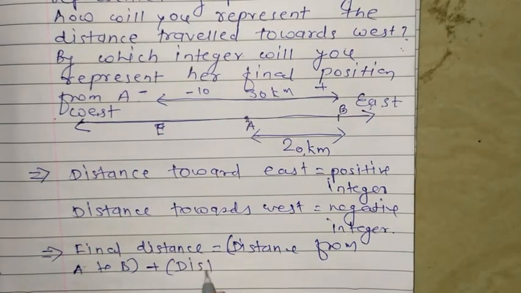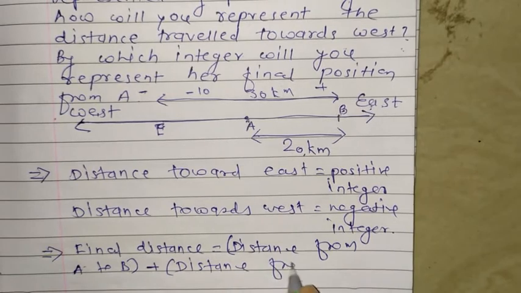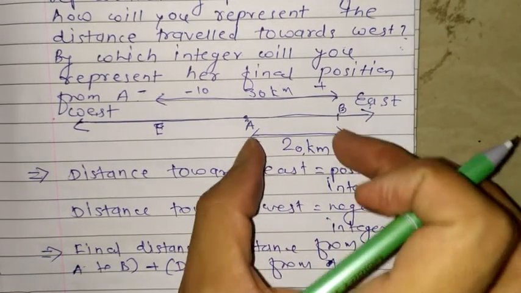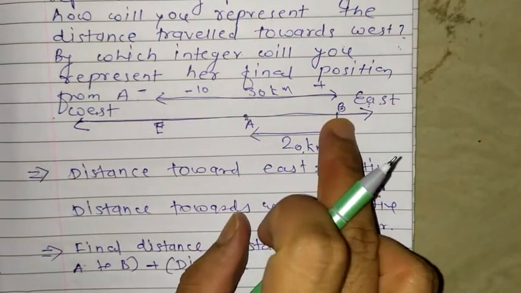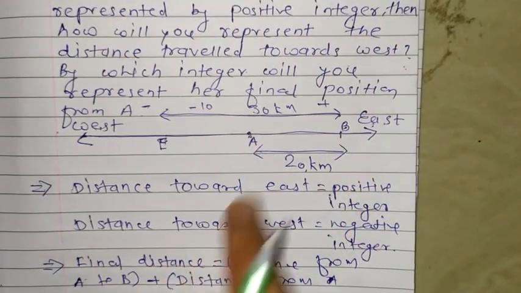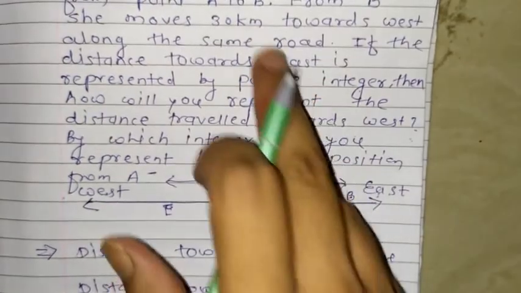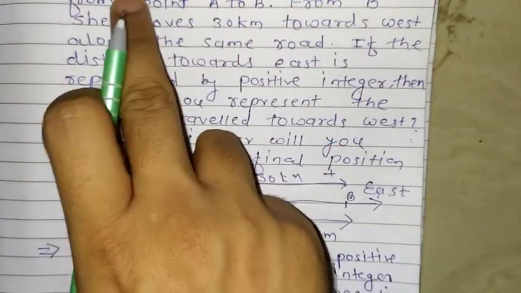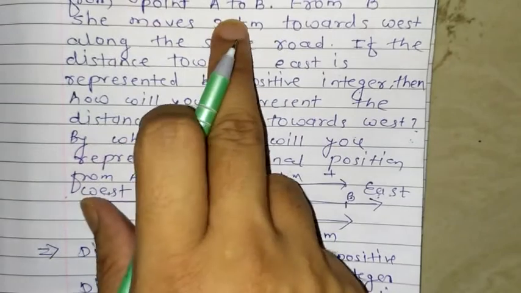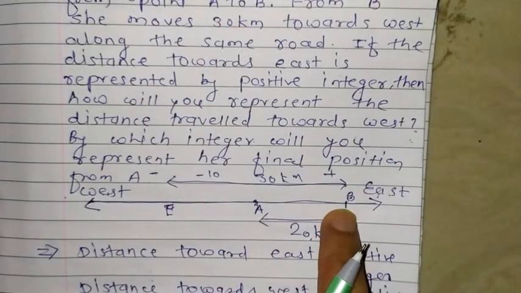Then distance from, first they travel A to B. So the distance from A to B, we go by the question: 20 kilometers toward east from A to B. So from A to B is how much? 20.